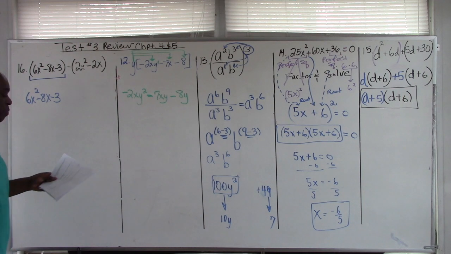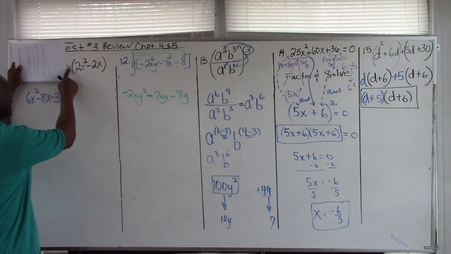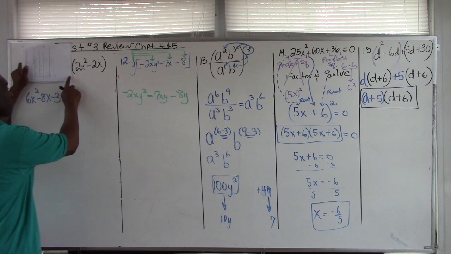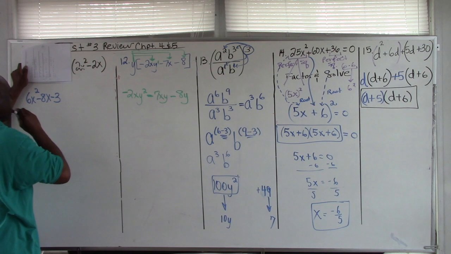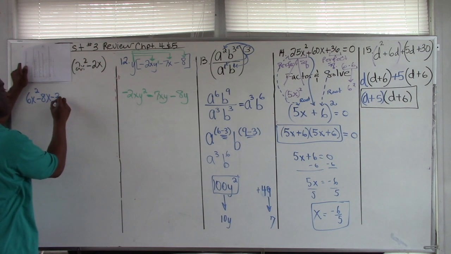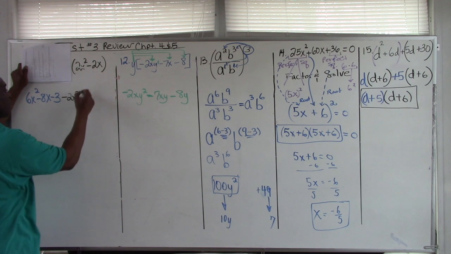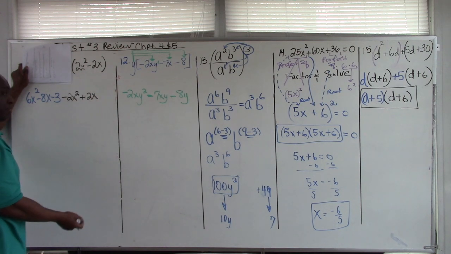Take your paper and cover up everything, even the minus sign. Cover the minus sign up. And everything inside this parenthesis, make it opposite. We have a positive 2x squared, it becomes a negative 2x squared. We have a negative 2x, that becomes positive 2x. You see that? I made everything in the parenthesis opposite.